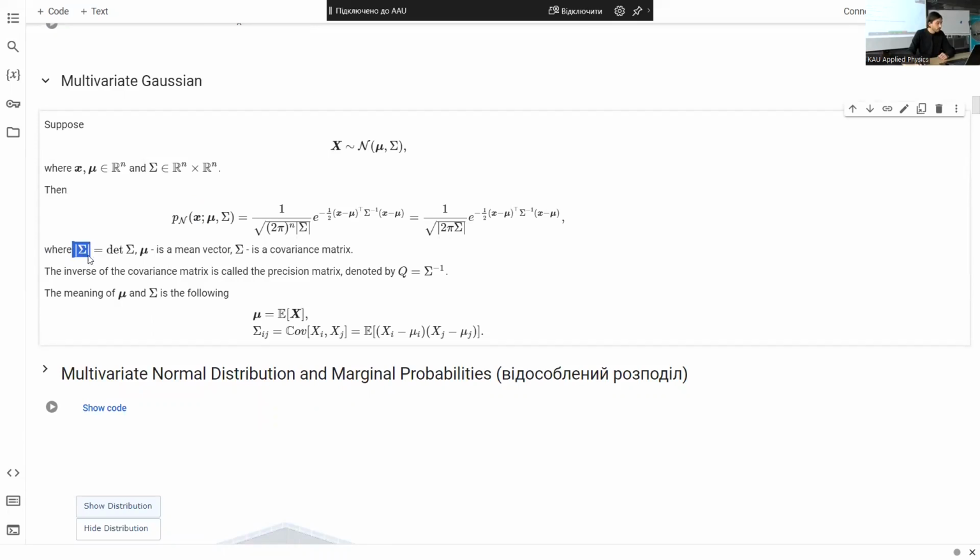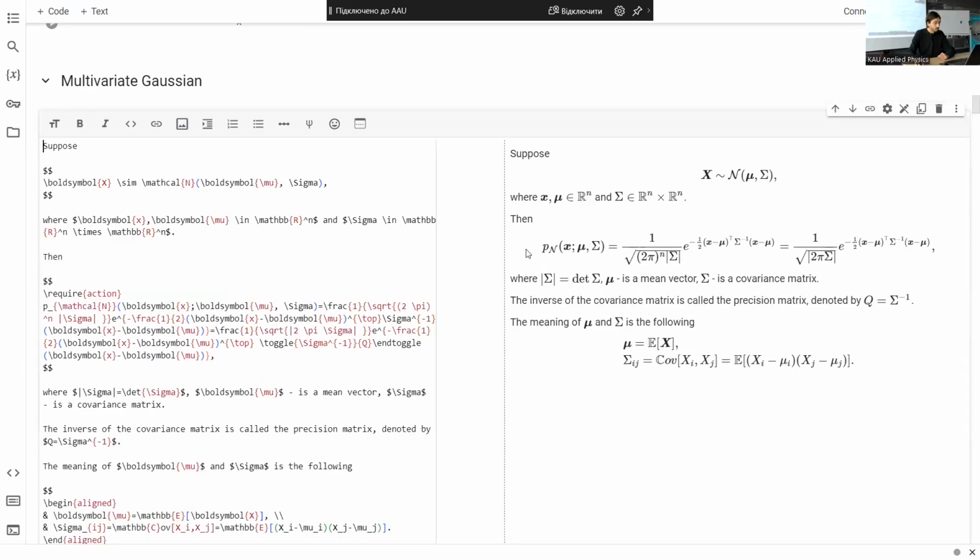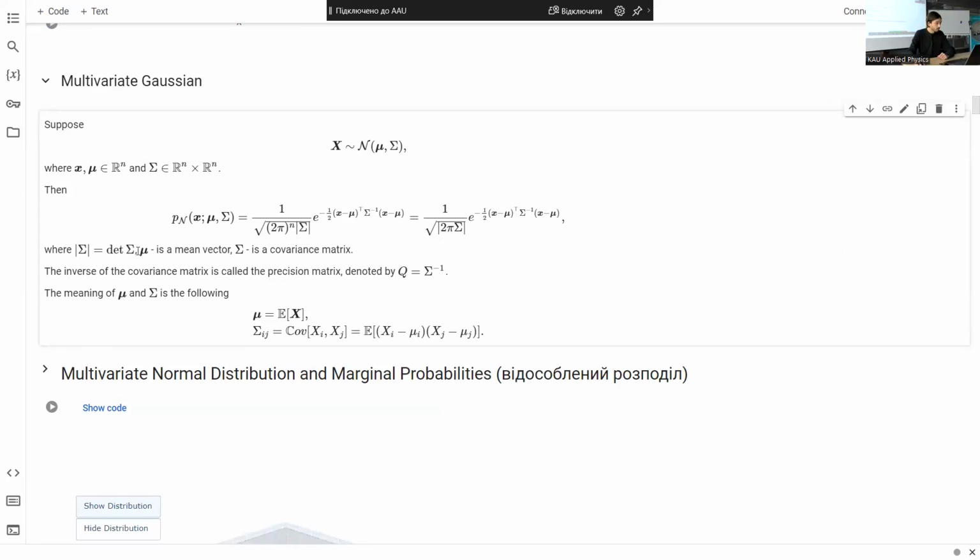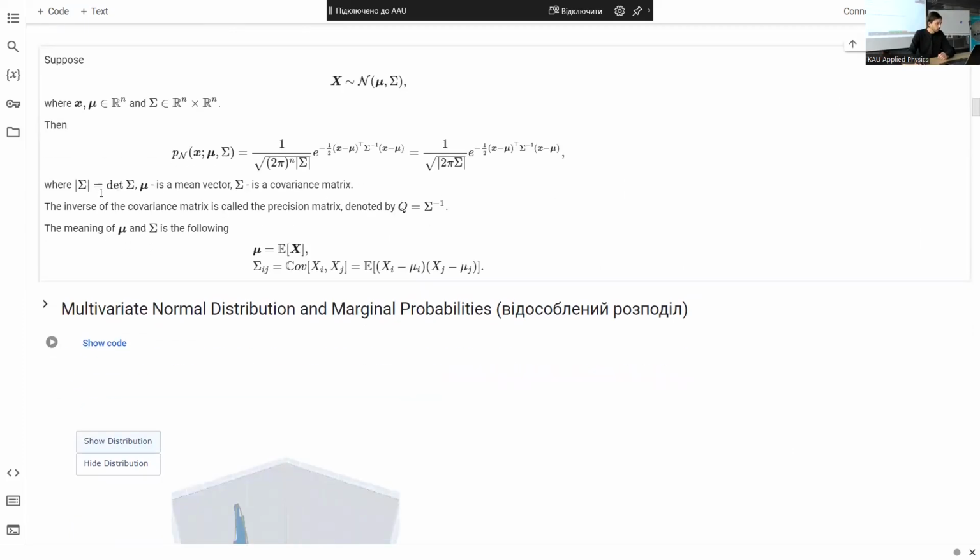Here with this sort of sign, I am defining a determinant of the matrix sigma. So it's just a determinant. Mu you can consider as a sort of mean value, some mean vector, and sigma is called a covariance matrix. So that's what we have.